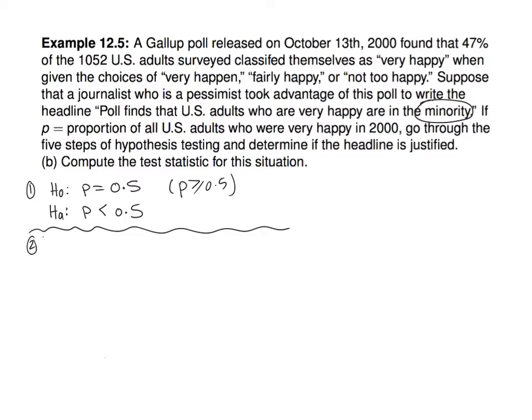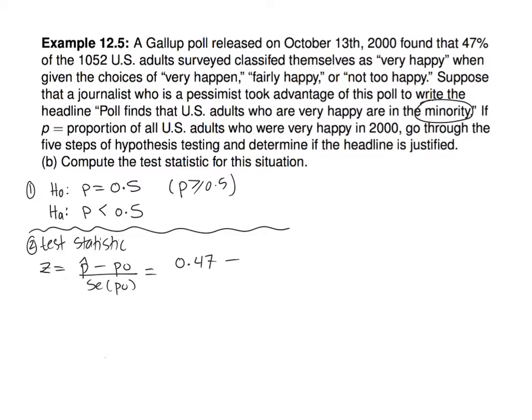Step 2 is to find your test statistic. So is this going to be a Z or a T? Z. Z, okay. So p hat minus p naught over the standard error of p naught. So what is p hat? 0.47.